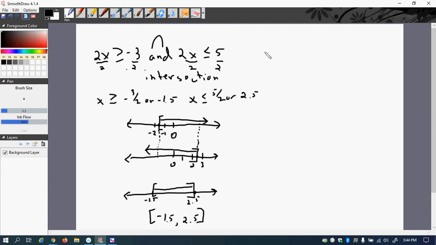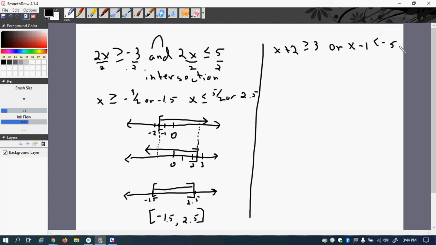Now let's look at one where it's a union. So I'll draw a line down here. And now we're going to look at x plus 2 greater than or equal to 3. And then there's the word "or." "Or" is going to be x minus 1 less than -5.